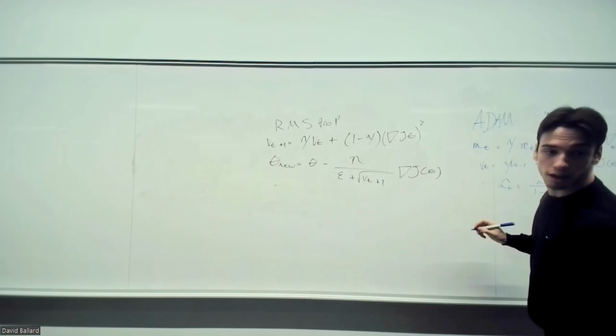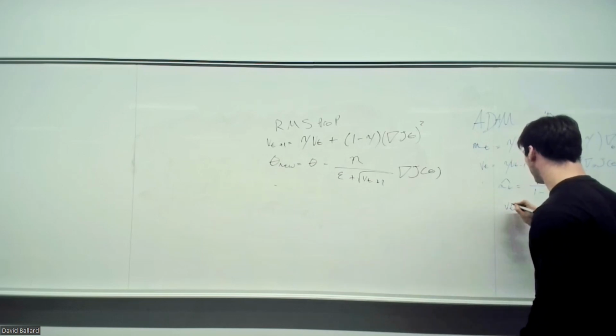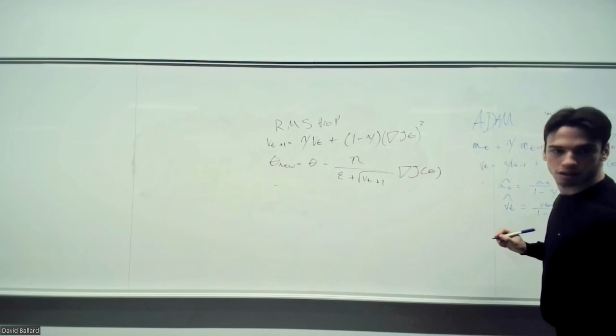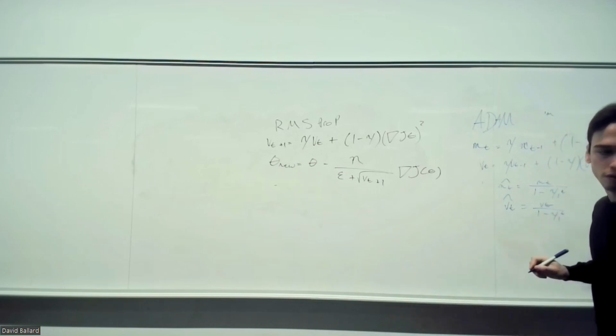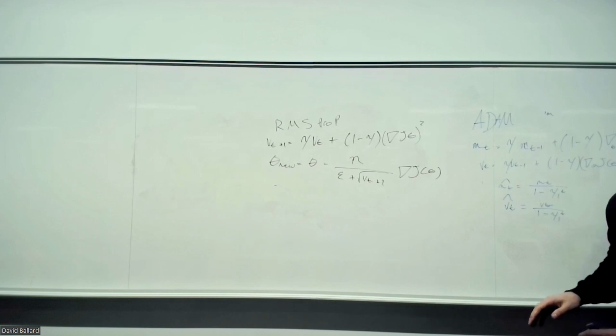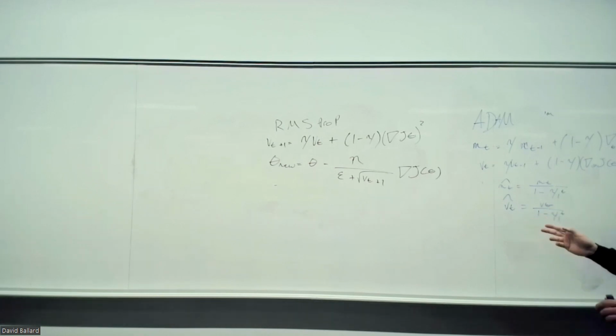And then your v hat of t is equal to v of t over 1 minus gamma to the t. Now, it looks complicated, I'm writing a lot of things, but all this is doing is combining.